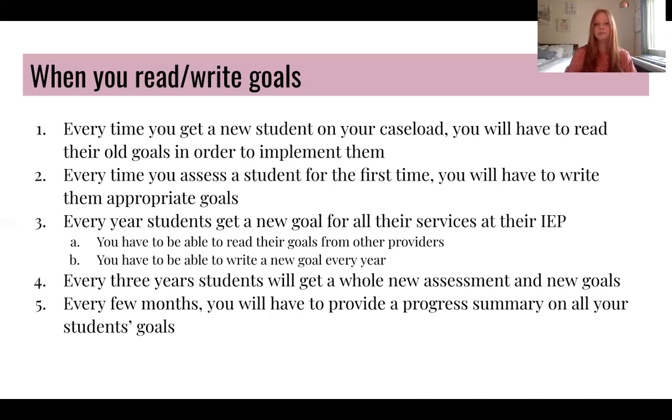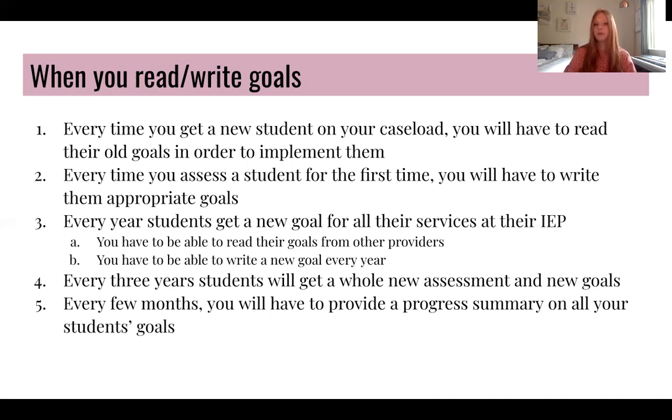And when you're doing this, you're not only having to read and write your own goals and their previous goals, but also the goals written by other service providers. So if they're working with special education, OT, PT, psych, teachers, whoever you're working with, they're going to write their own goals as well.